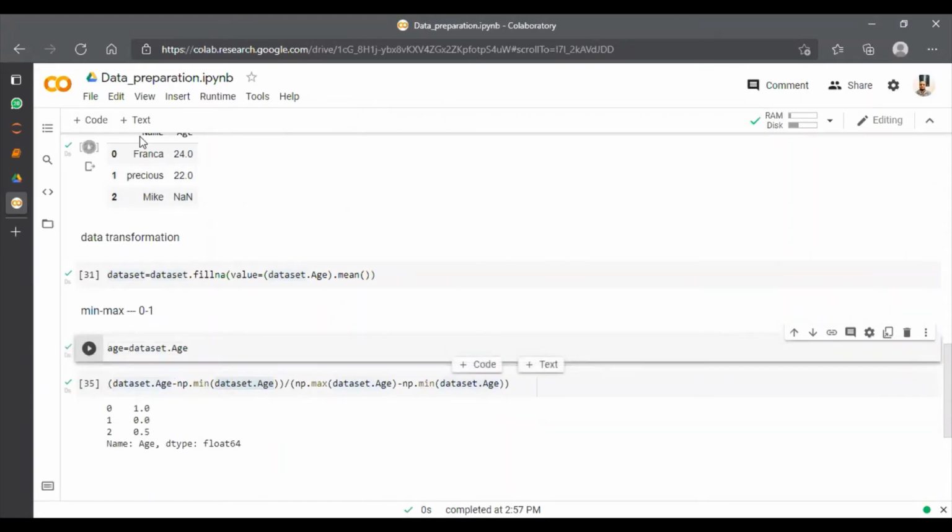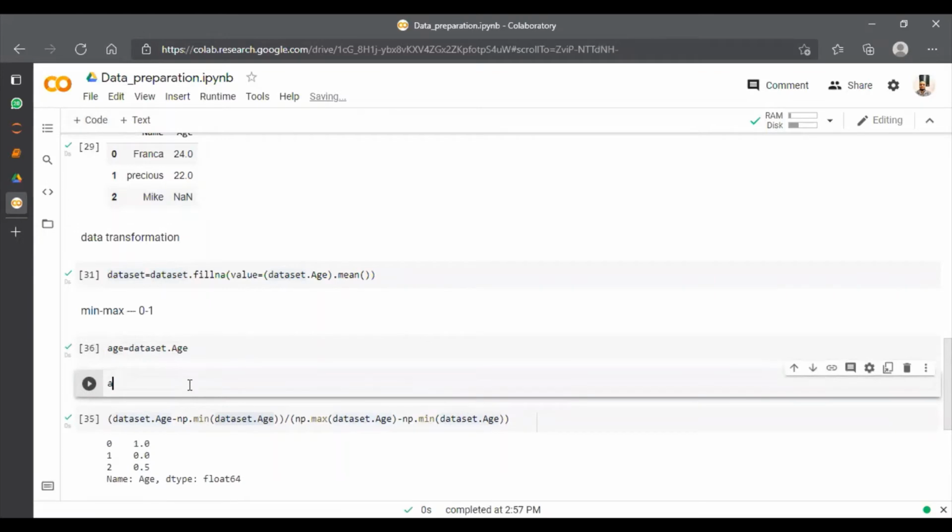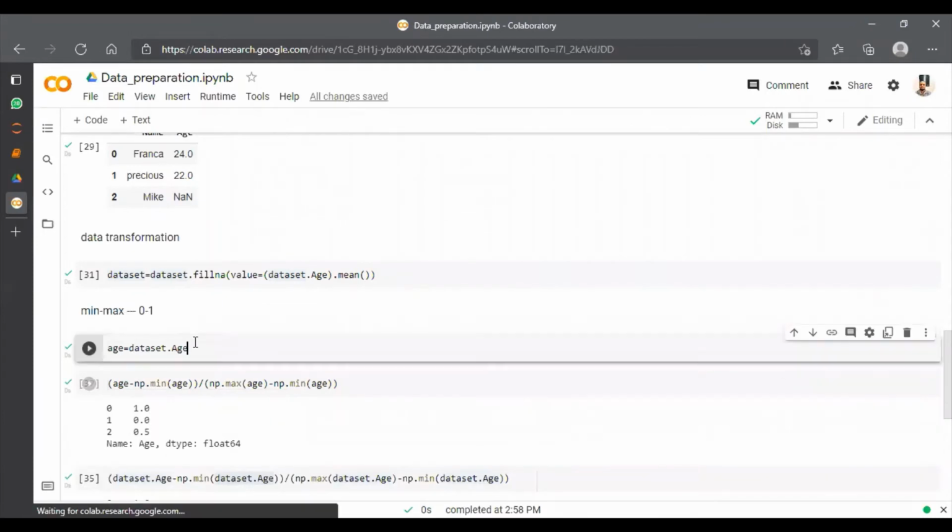Then we can rescale it as age minus np.min of age, then you divide everything by np.max of age minus np.min of age. So this is going to scale it into a range of 0 to 1.